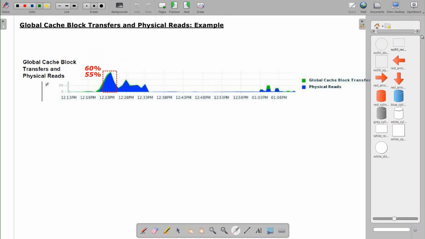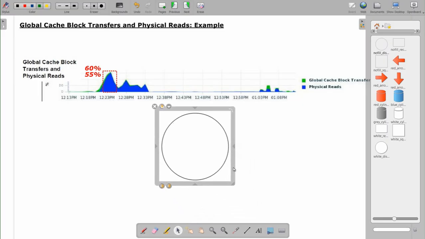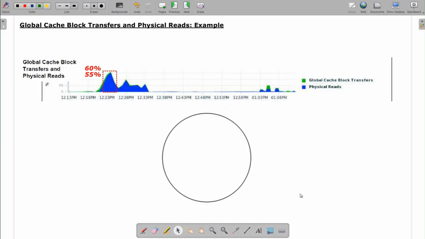So the idea is this. Assuming that you have 100% disk I/O distribution. Okay? Out of 100%, 55% is, in this case, physical read.